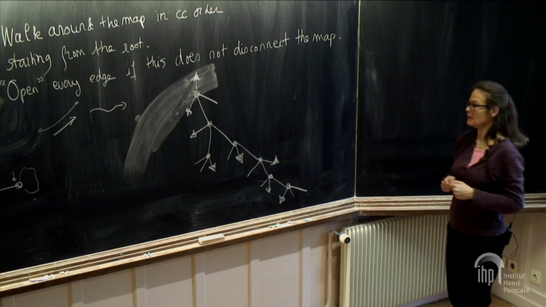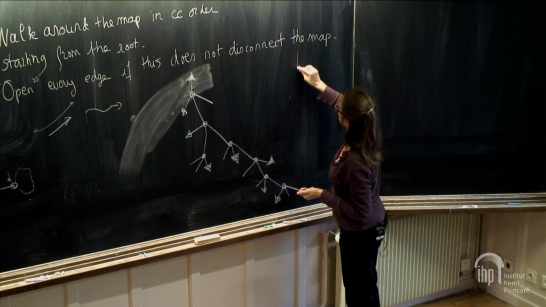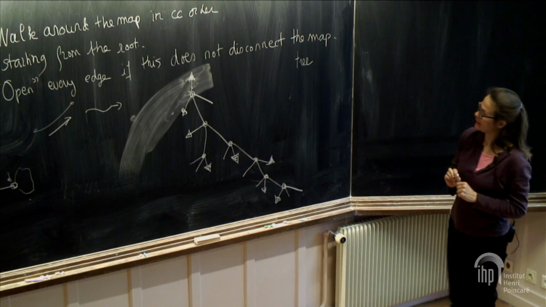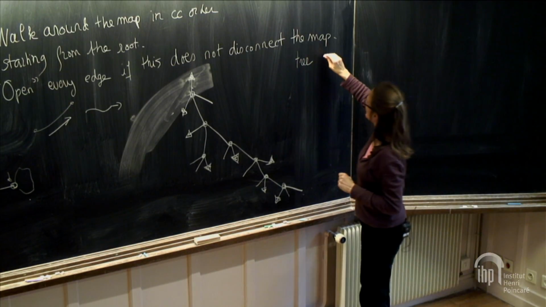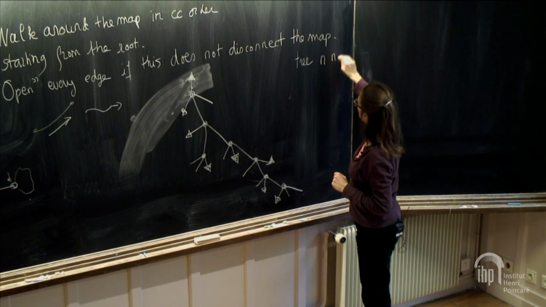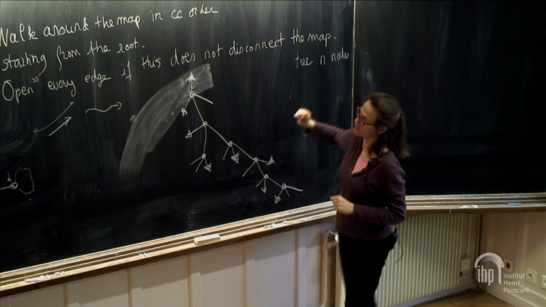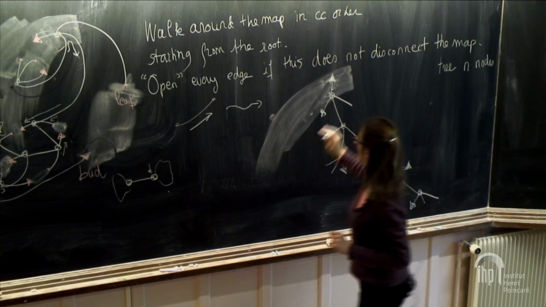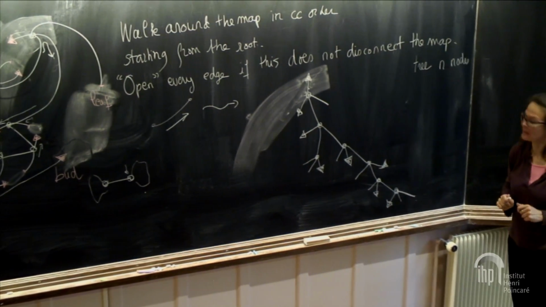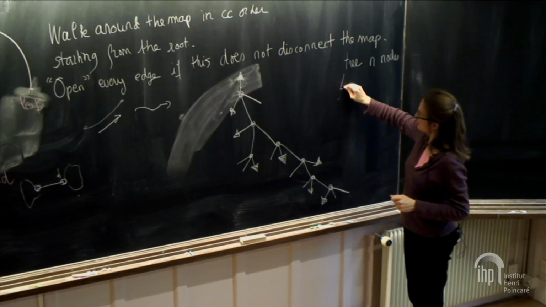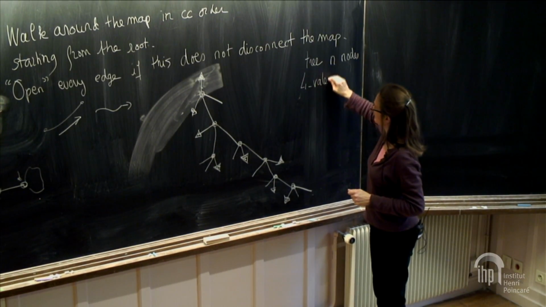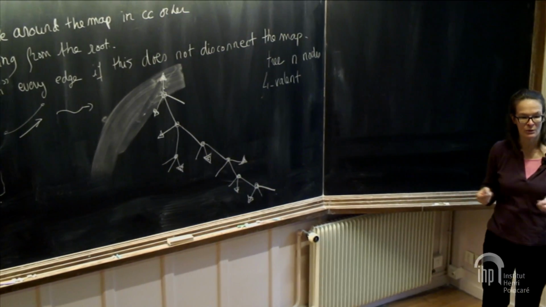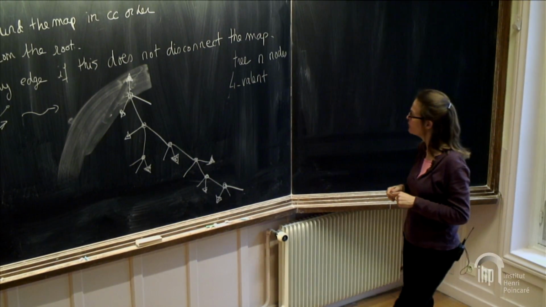Okay, so what did I get? So I got a tree. And then it has a number of properties. So it has n nodes. So every vertex of the map has become a node of the tree. It has remained four-valent because I have just erased the center of every edge, but all half edges have been preserved.